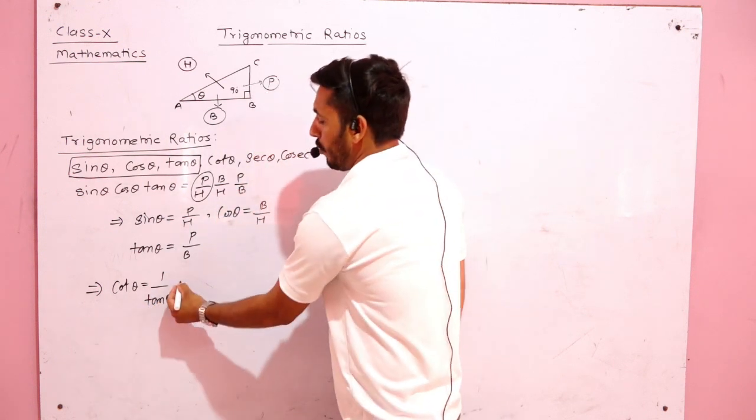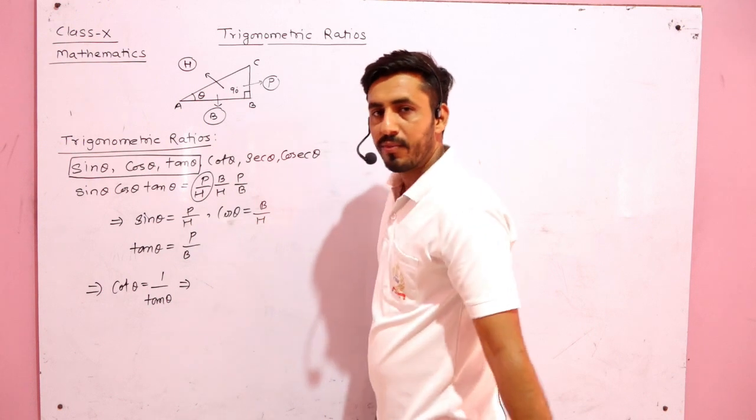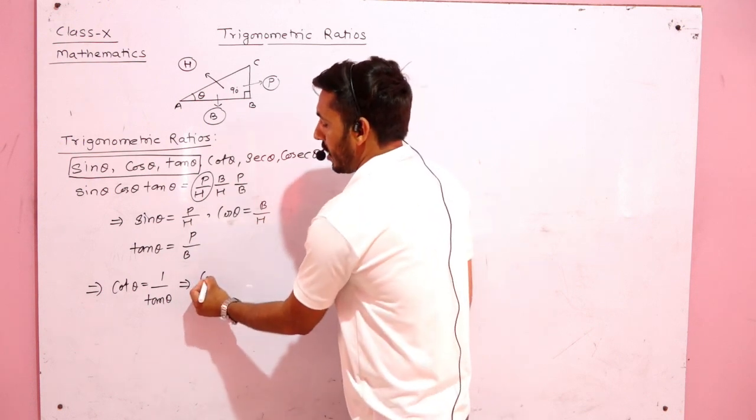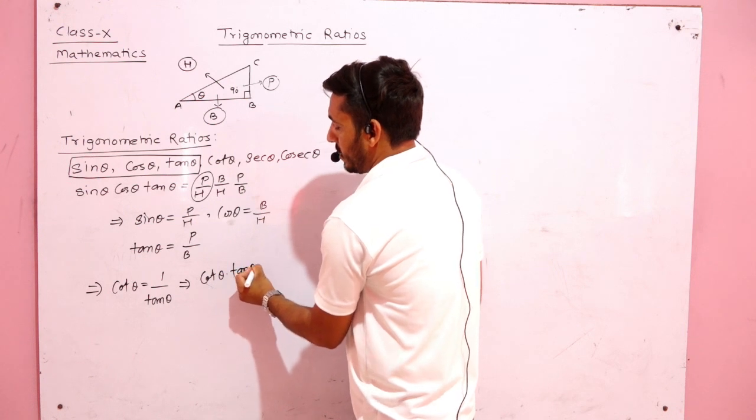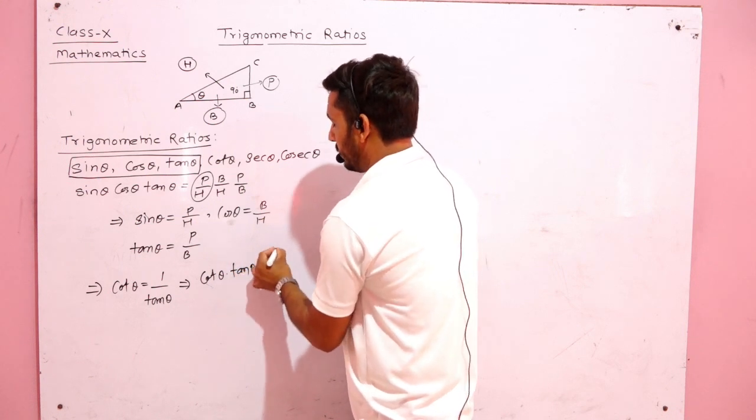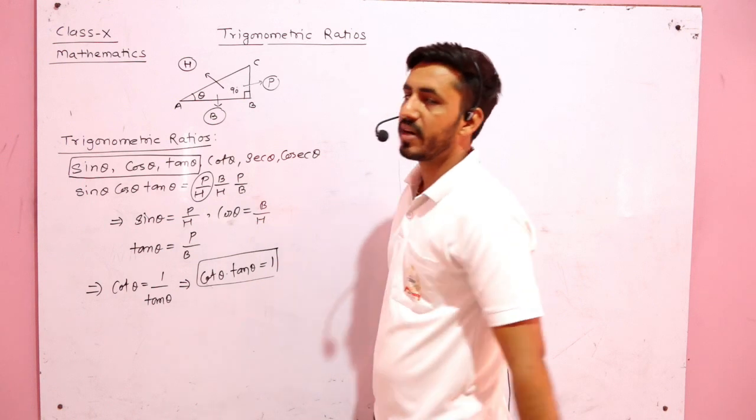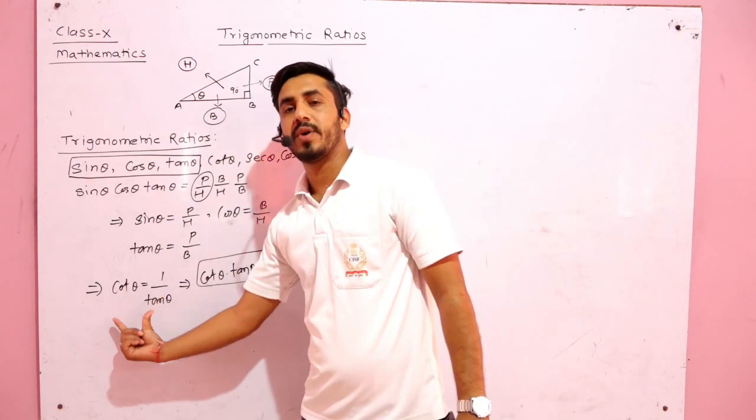From here one relation is obtained. What is the relation? If I multiply cot theta into tan theta, then the result will be 1. This is the relation obtained from this one.